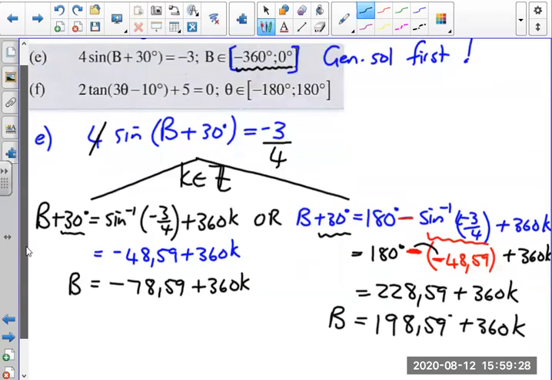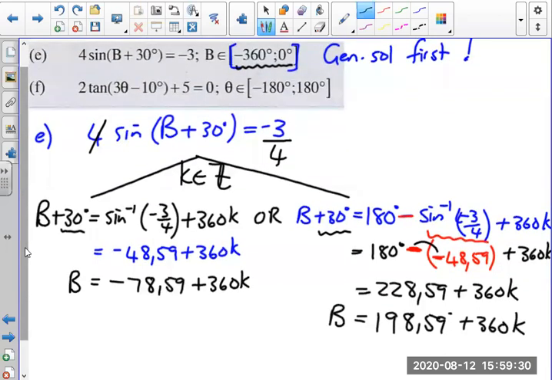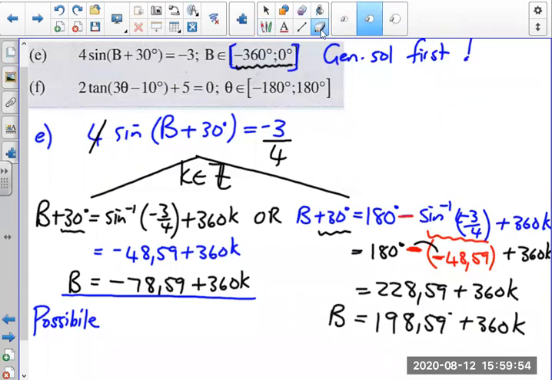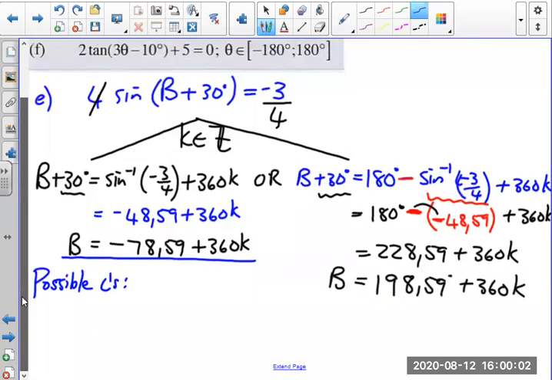I take my general solution and I say, okay, if I look at this one, if I look at my left-hand side, if I don't add 360k, in other words, I add 360 times 0, then I have an angle of, so I'm going to write it here, my possible angles. That minus 78,59 is there.